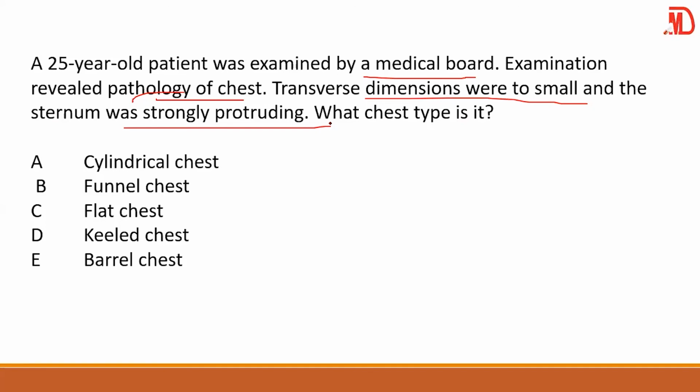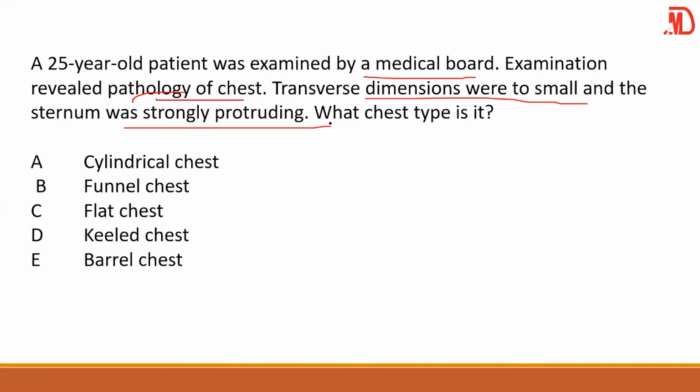When there's an increase in that diameter, it means that the chest is filled with too much air. So you become like a barrel. That's what the name comes from.